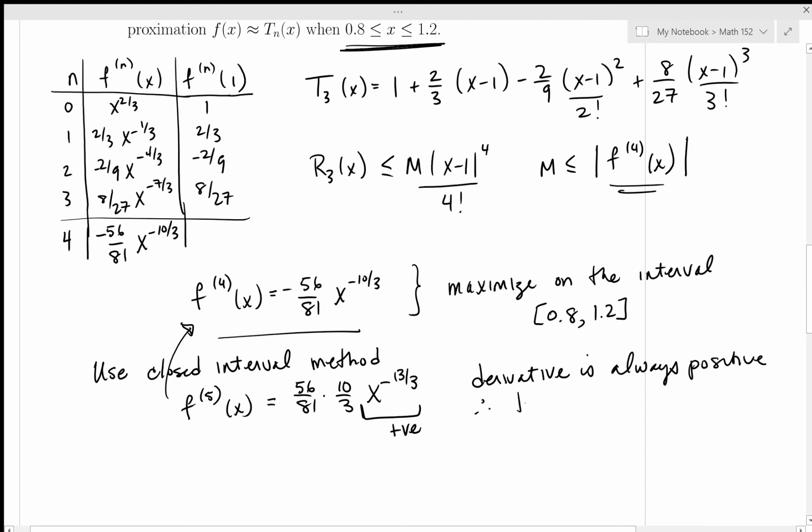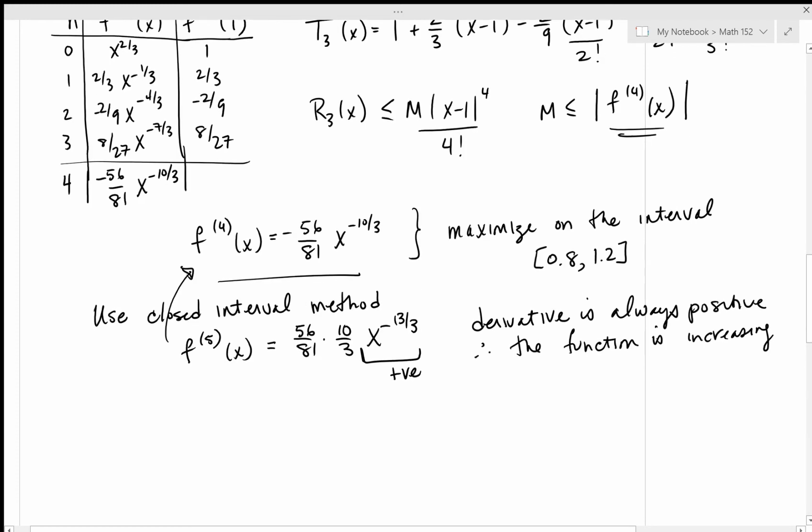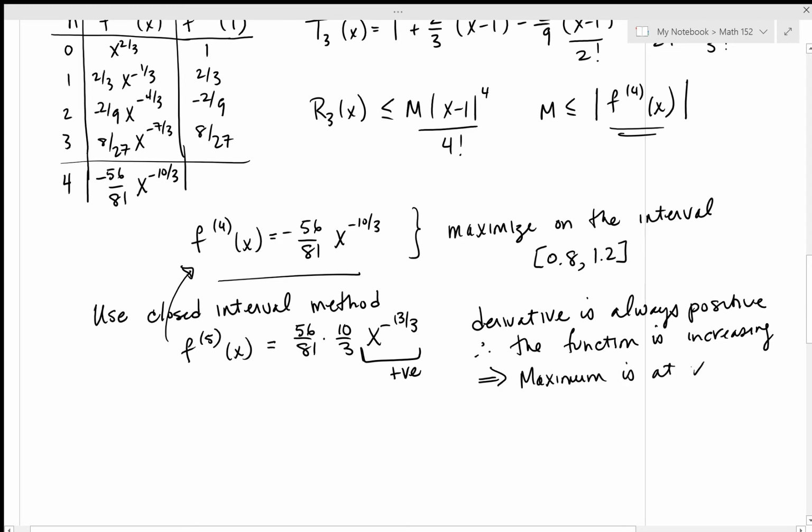Therefore, the function is increasing. Okay, that's what a positive derivative means. If the derivative is positive throughout the whole interval, the function is increasing. So I'm not going to have to really employ the completely full closed interval method. So that means that the maximum is at the right endpoint, at x equals 1.2.